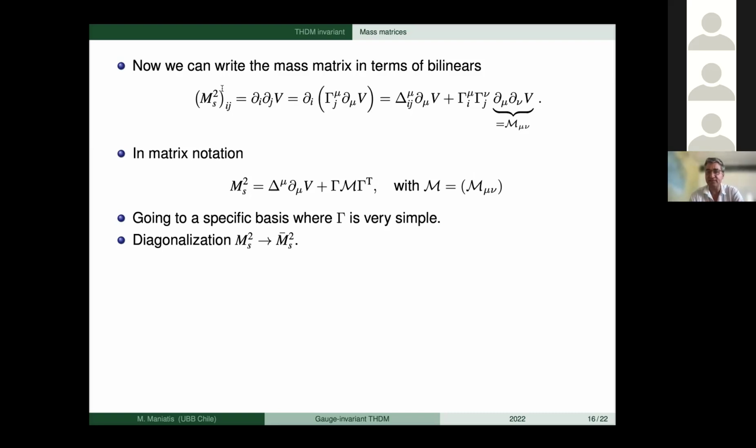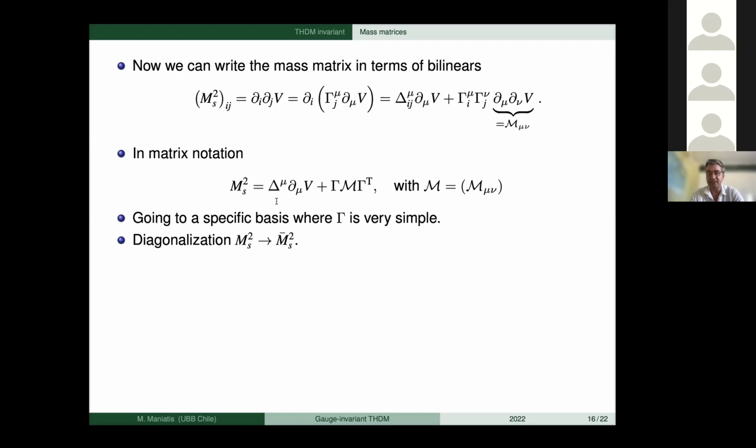We get the translation from this squared mass matrix of any Two-Higgs doublet model, where we haven't specified anything. We haven't specified the potential. It's just V, and then we can translate it to this gauge-invariant format. Here appears exactly the matrix which we want to have.